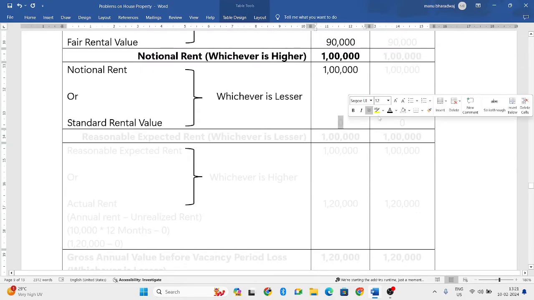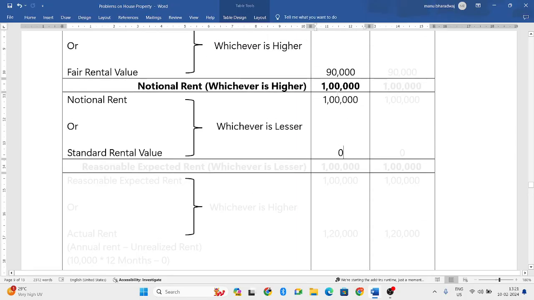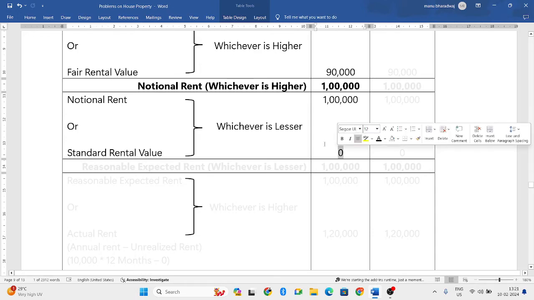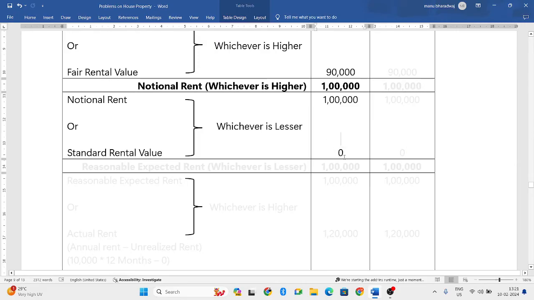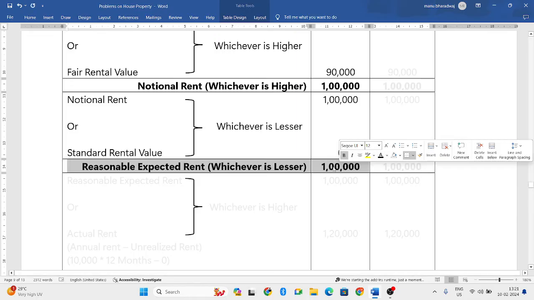If nothing is given, you have to write it as 0. Out of these two, whichever is lesser, according to general knowledge 0 is lesser. But in solving income from house property, ignore 0. Do not consider 0 for the calculation of whichever is higher or whichever is lower. So ignore 0. So 1 lakh only will be the reasonable expected rent.